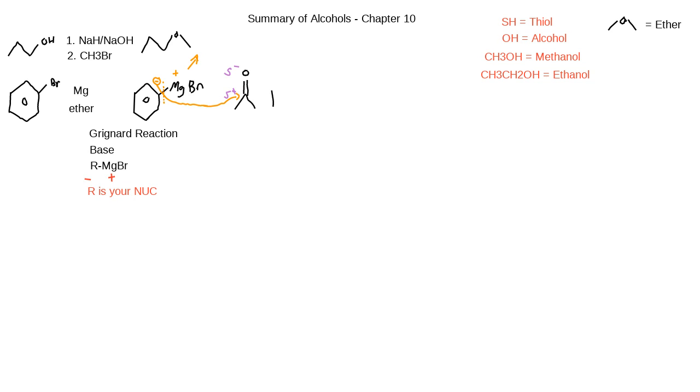So we still have our benzene ring. And then I'm going to draw your new bond in orange. And then here are your two methyls on both sides. And then here is your carbonyl.